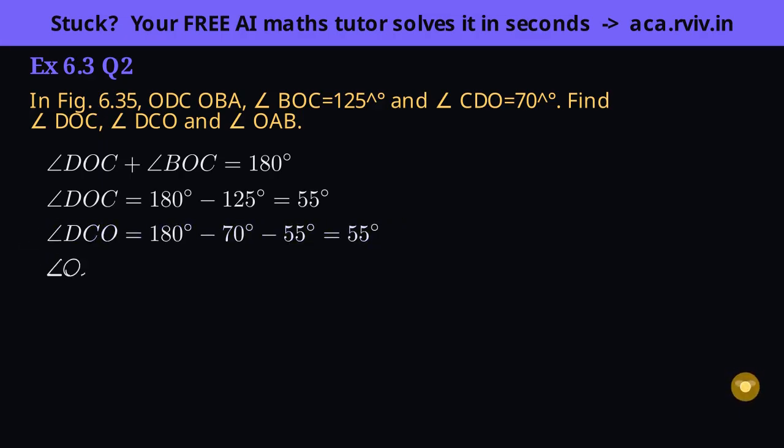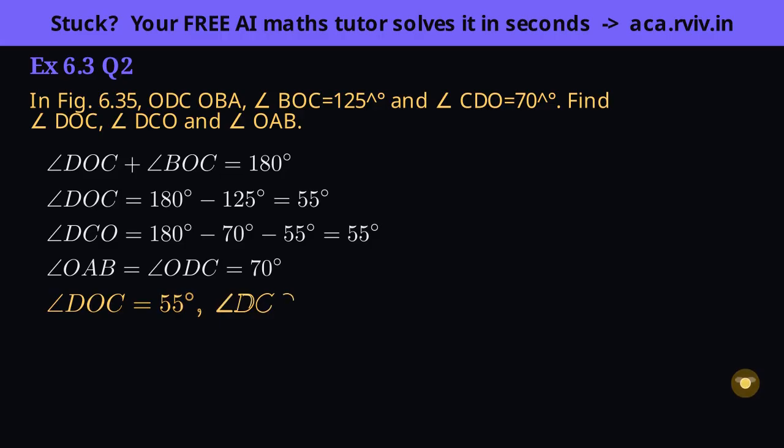Because the triangles are similar with D matching B and C matching A, angle OAB equals angle ODC. Insight: read the similarity's letter order carefully. It tells you exactly which angles correspond.